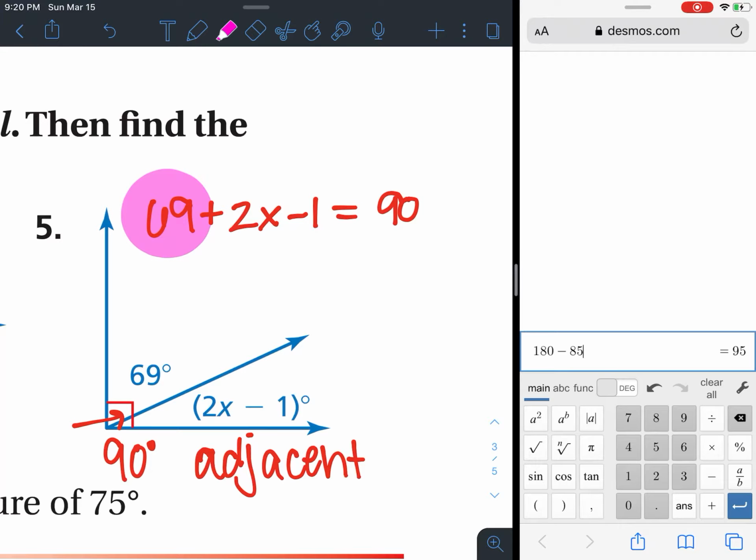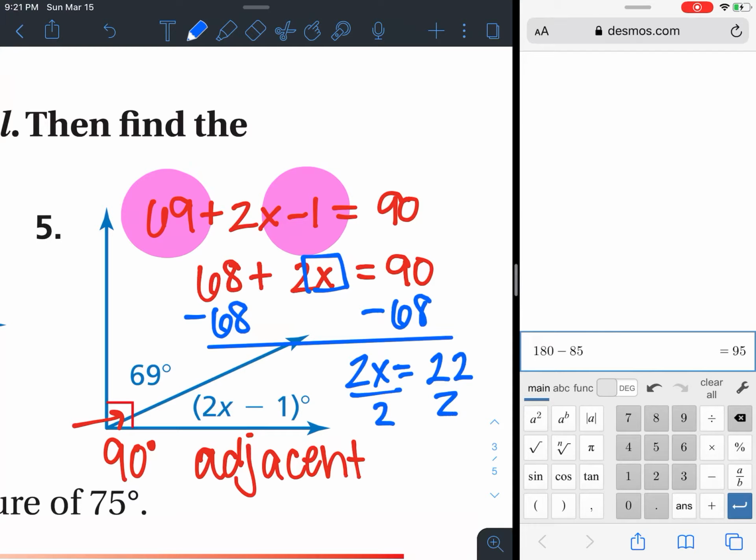First thing, combine like terms. This gives us 68 plus 2x equals 90. The next step in trying to get x by itself, subtract 68. So 2x equals 22. Divide by 2, and x is 11.